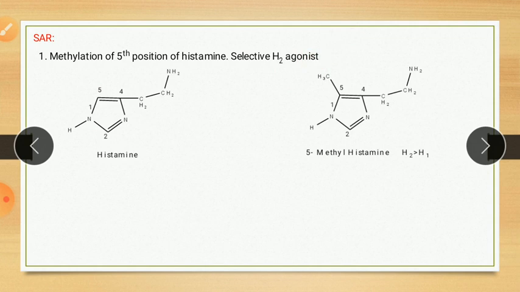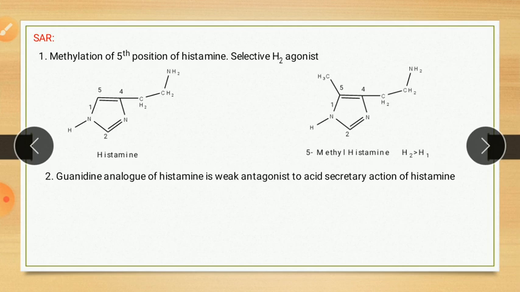It gives 5-methyl histamine. Its selectivity toward the H2 receptor is more as compared to H1. So due to this methylation on the fifth position of histamine, it produces 5-methyl histamine which has more activity on the H2 receptor as compared to the H1 receptor.